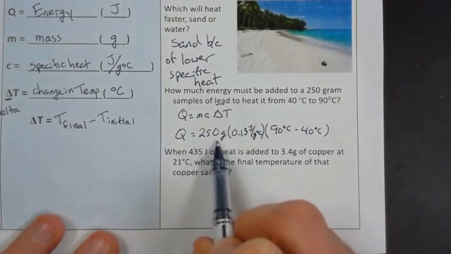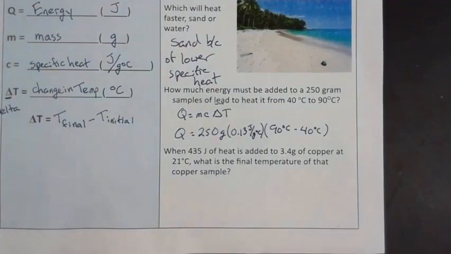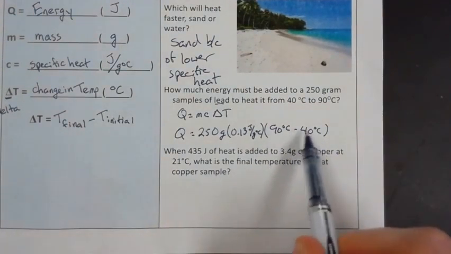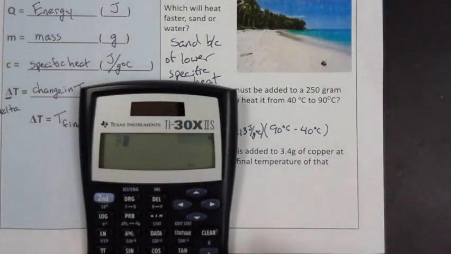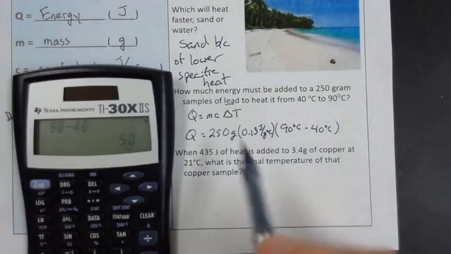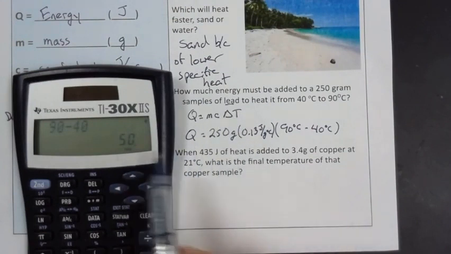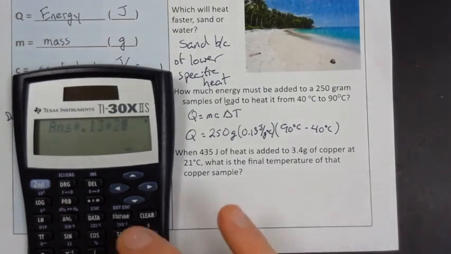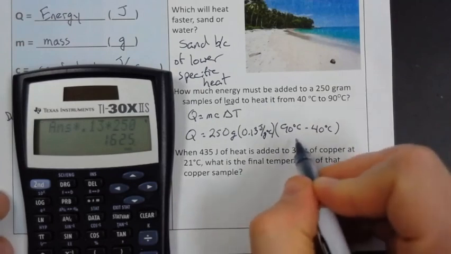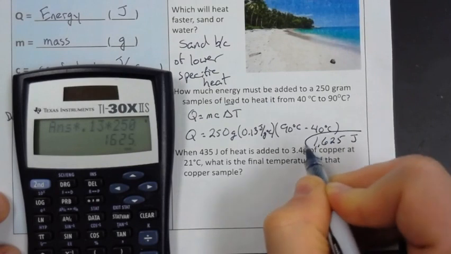So now that we've got the mass, capacity, and the temperature change, we're going to solve this equation to find out what Q equals. And the first thing we want to do is do this simple subtraction to get 50. So T final, 90 minus 40. And then it's mass times capacity times this temperature change. So we'll do 50 times 0.13 times 250, and we get a Q value equal to 1,625 joules.